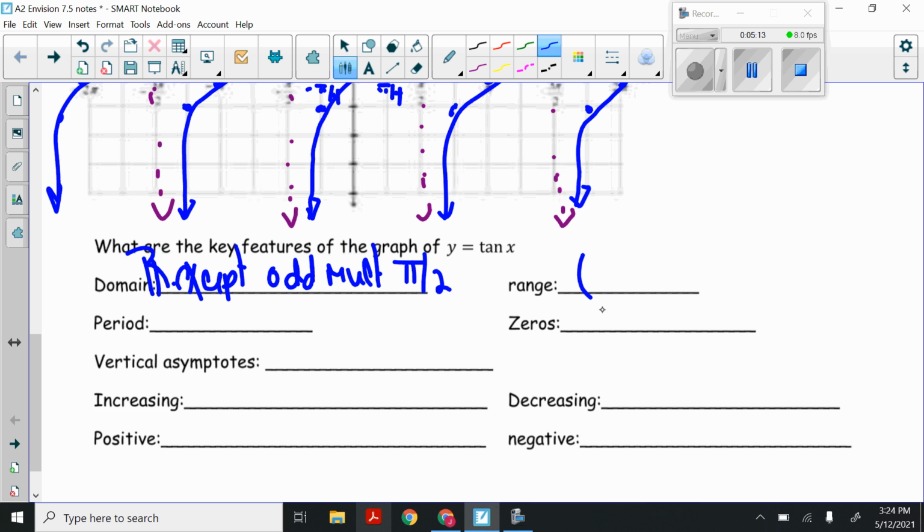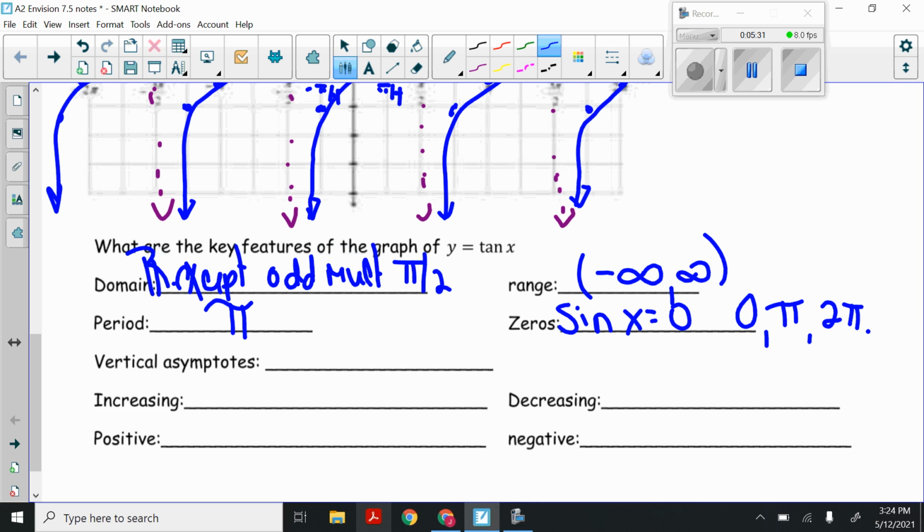The range, negative infinity to infinity, I can have any y value. The period of the tangent function is pi. The zeros, wherever the sine of x is equal to 0, I will have zeros. So 0, pi, 2 pi, 3 pi. Vertical asymptotes at my odd multiples of pi over 2.